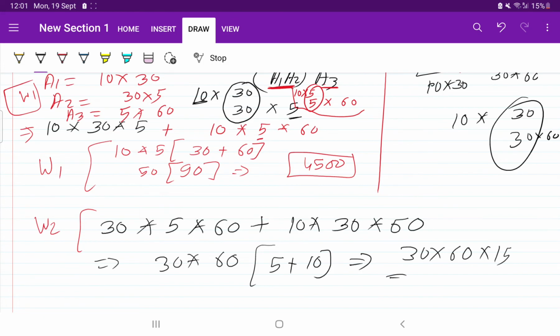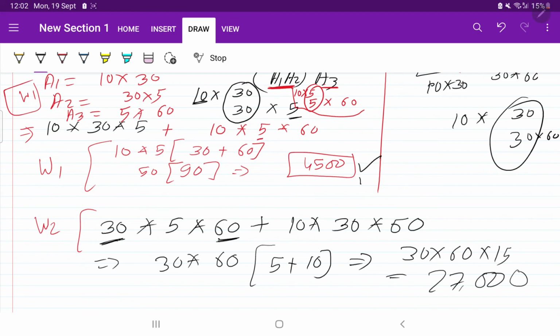Let me do this again. 30 into 60 is 1800, multiplied by 5 is 9000... let me see whether I have done the calculations correctly. Yes, the cost is 27,000, perfect, because two zeros are there. I think I have done the calculation correctly.